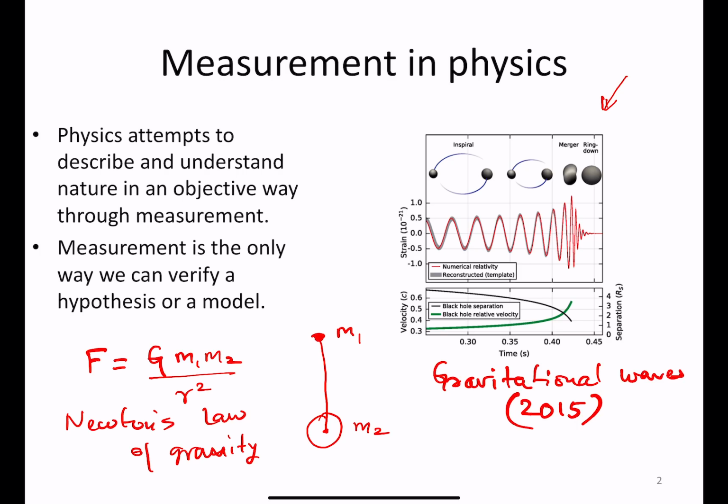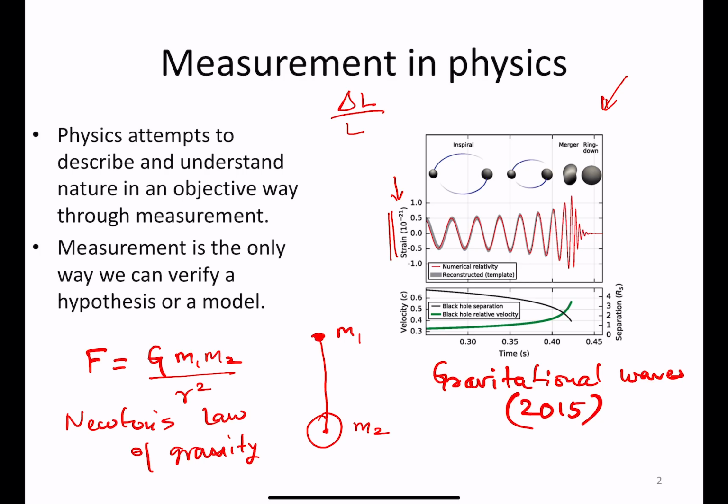If you look at this quantity, strain, strain really means the change in length of our tunnel, delta meaning change, divided by the actual length of the tunnel. Look at the scale of this graph, 10 to the power of negative 21. That is an unimaginably tiny change in the length of the tunnel, and it's crazy that we are able to measure it.